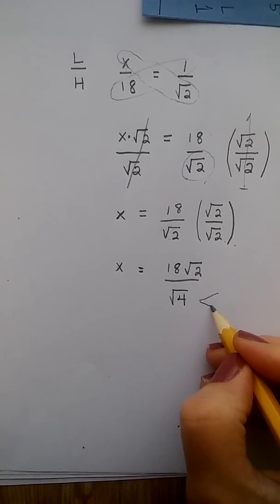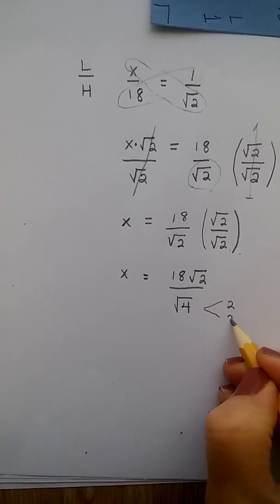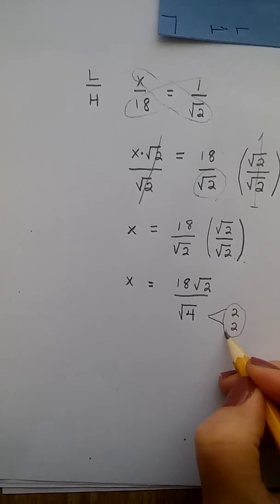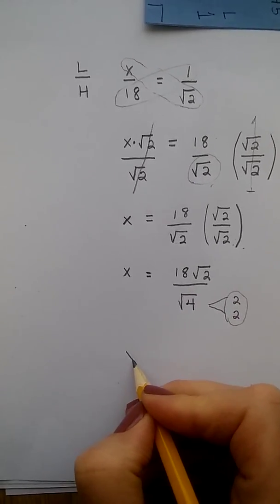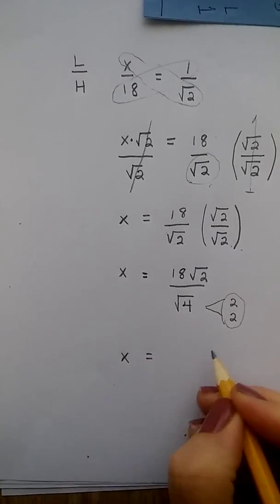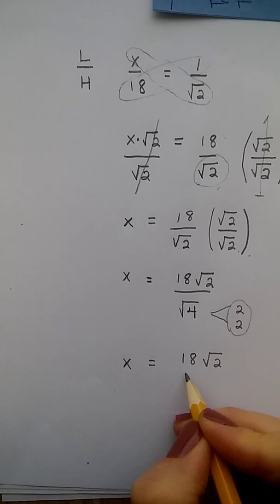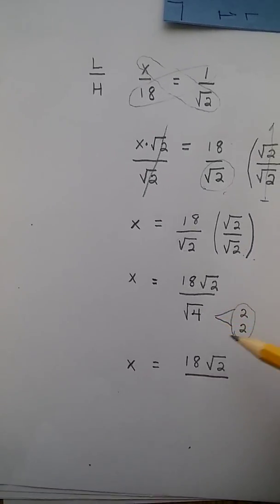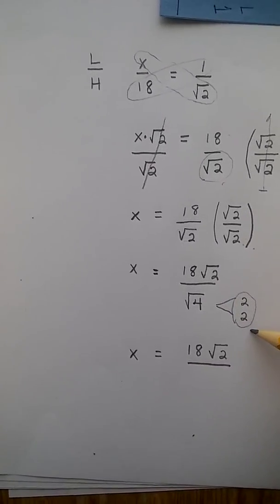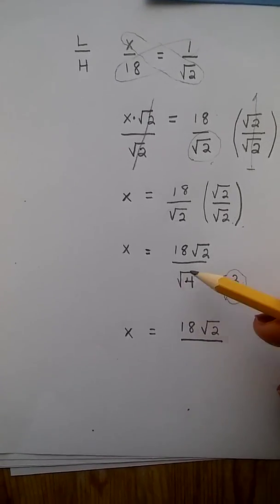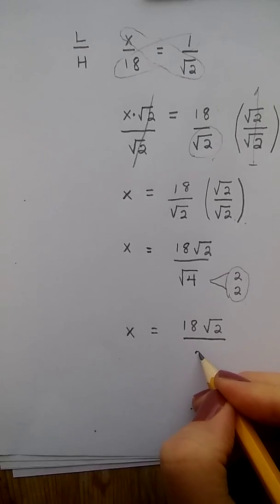Remember we did sideways trees? Root 4 has a pair of 2's in it. Because there are two matching factors, it is able to undo the square root, and we will have 2.